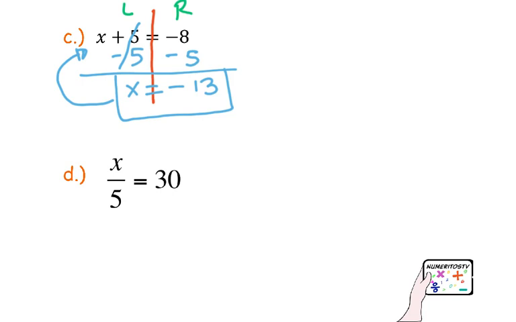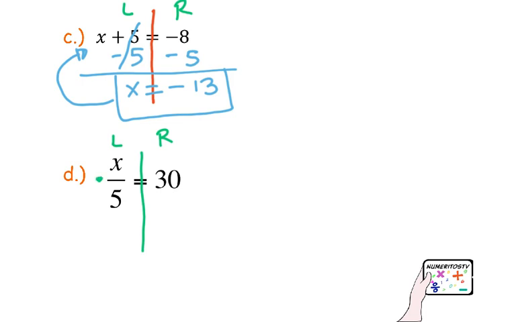What about example D? I have my left side, my right side, x divided by 5. Remember that this fraction bar means division, so that 5 is dividing my x. I need to get rid of it, so the inverse operation of division will be multiplication.